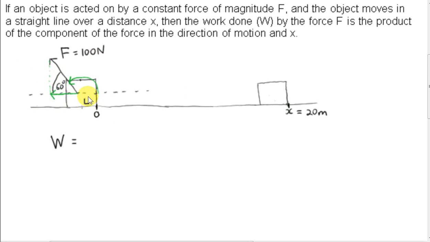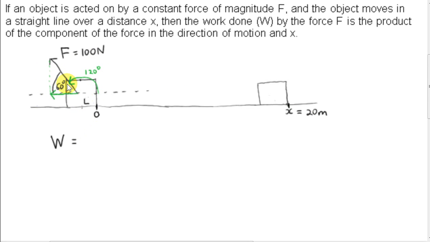So we are assuming that the object is moving in the direction of the positive x-axis, and this angle here is 120 degrees. So when we're getting this component, we are not talking about the magnitude of it now, but we're thinking of it as a vector.